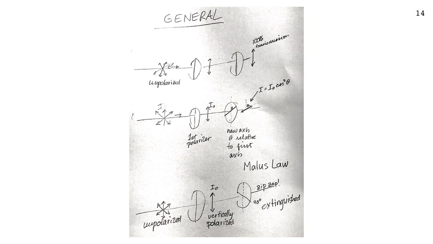And then if your second polarizer now is polarized perpendicular to that, so that this angle here is 90 degrees, you get zip zap over here. Okay, you've extinguished it, because when the axes are 90 degrees apart, cosine squared is zero. So you don't get any, so you've extinguished.